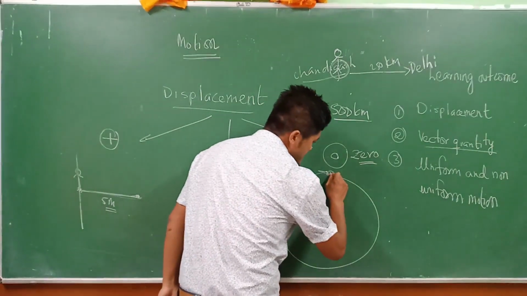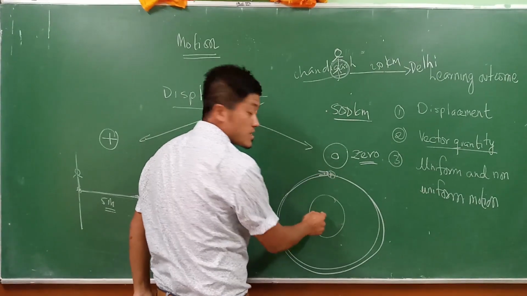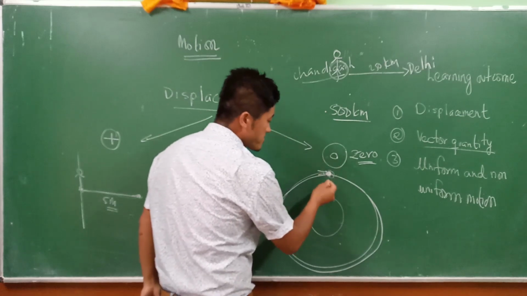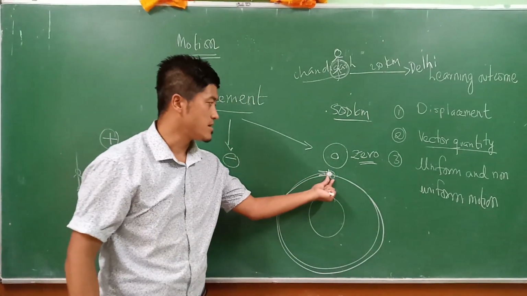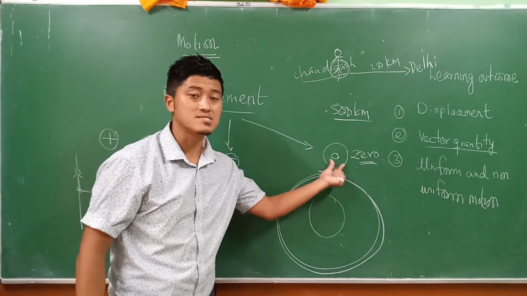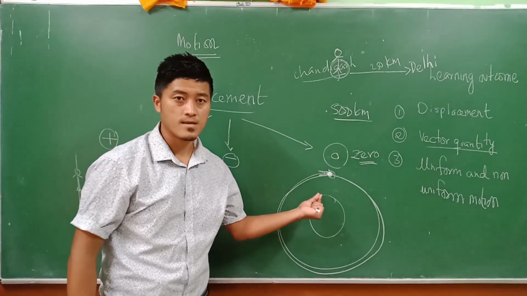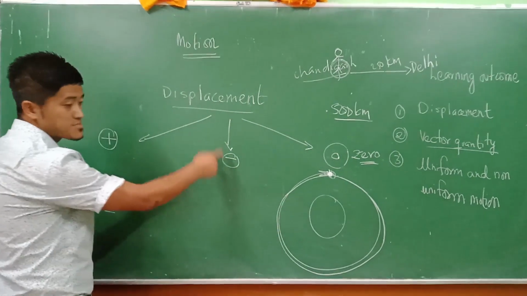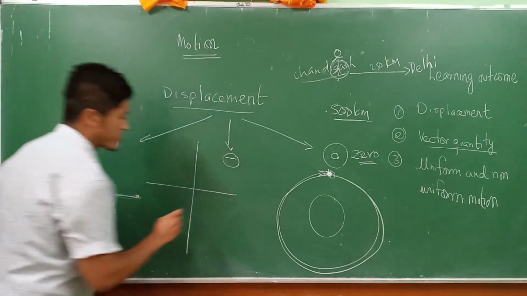If a satellite completes one total revolution around the Earth, its final position will be over here. That means its initial position and final position are both at the same place. We call this kind of displacement zero. Why? Because initial and final are at the same place. Understand?